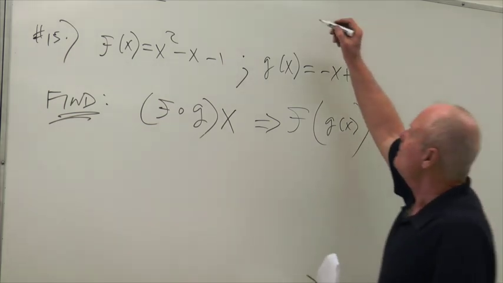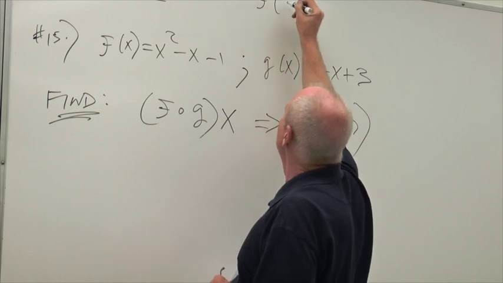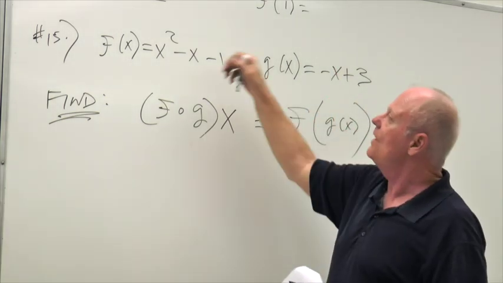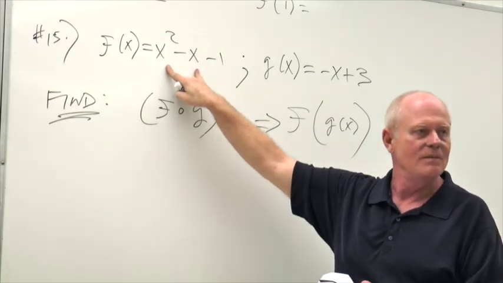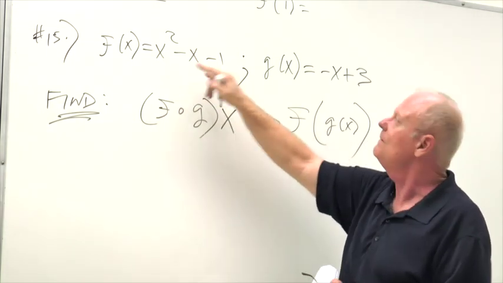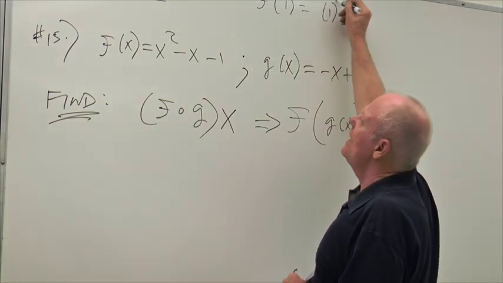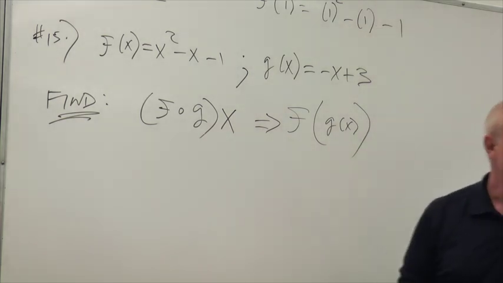If I said, what's f of 1, what would you do? You'd go to f of x, and wherever you saw an x, you'd put the number 1, wouldn't you? So this would be 1 squared minus 1 minus 1, right?